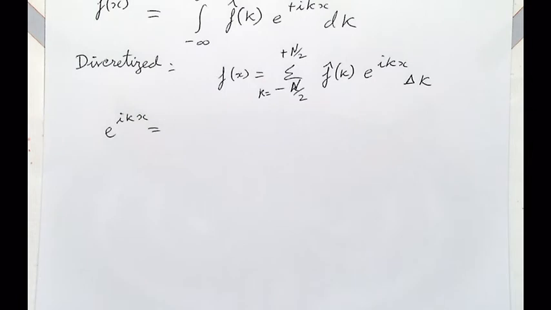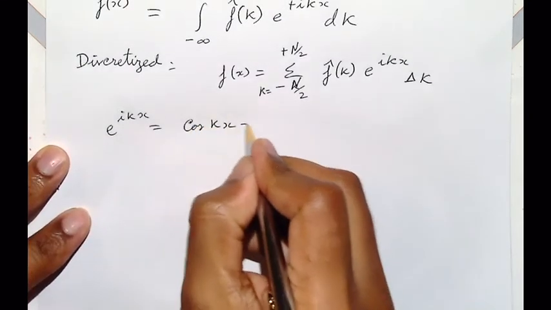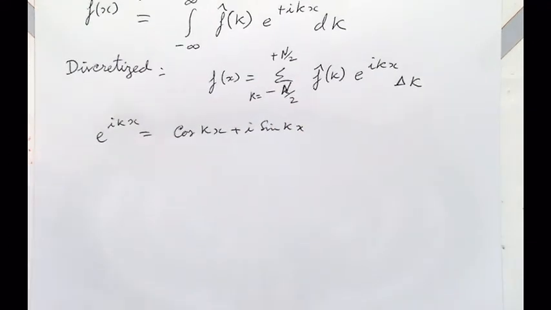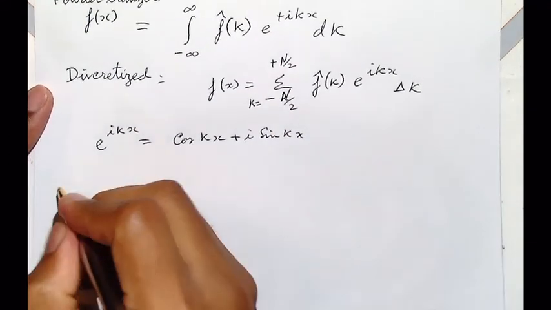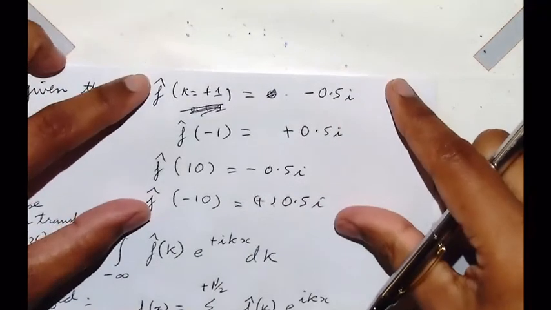Right, what is e to the ikx? Remember, we're talking about sines and cosines. Cosine of kx plus i sine kx. Yeah, it's cosine of kx plus i sine kx. Okay? So, help me write out the summation f of x for our given data, right?